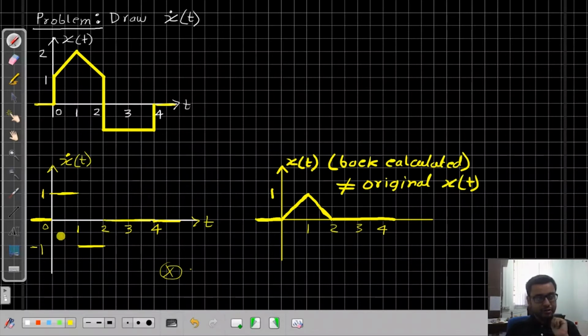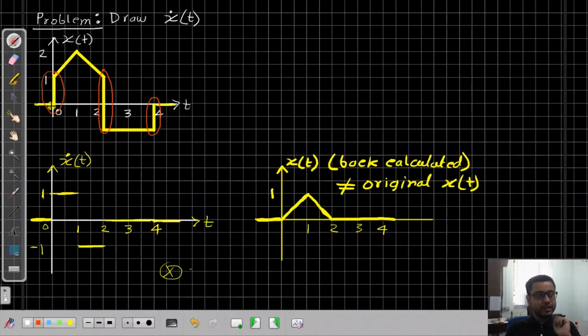Why is it wrong? Because we have to consider these step jumps. So we have a step jump here, another step jump here, another step jump here.